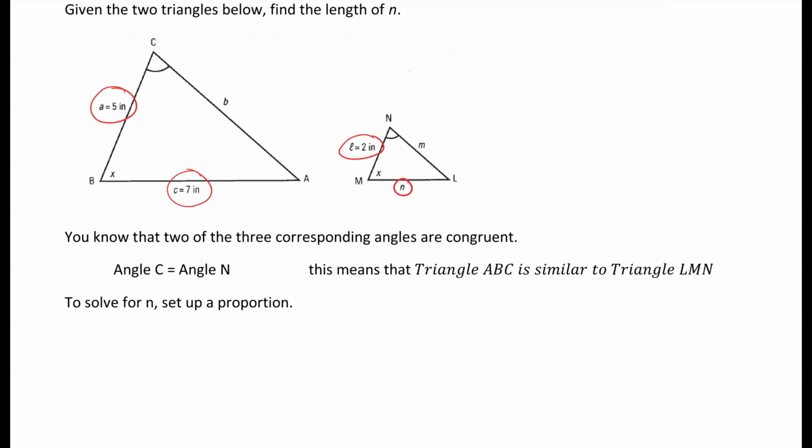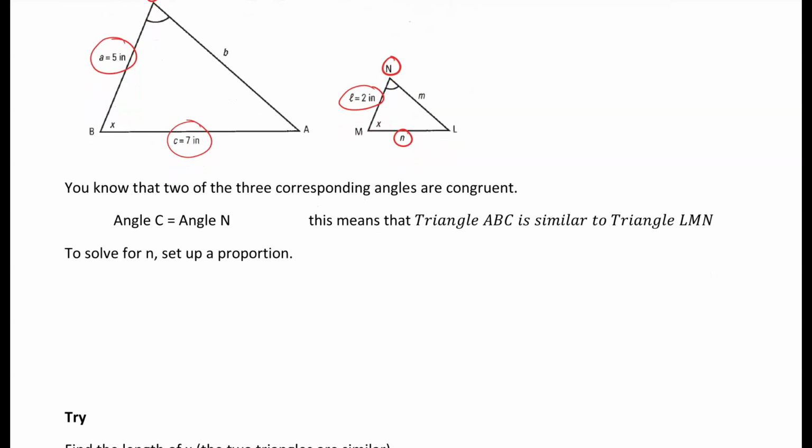If you know that two of the three corresponding angles are congruent, so angle C up here is equal to angle N, this means that triangle ABC is similar to triangle LMN. So if we know that they match up and two of the three corresponding angles are congruent, then we can solve for n.